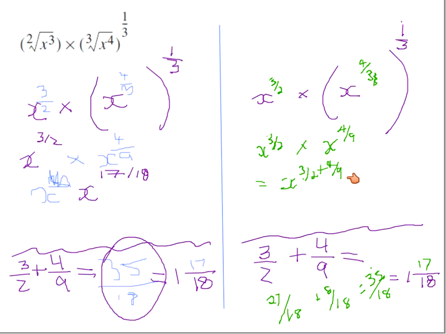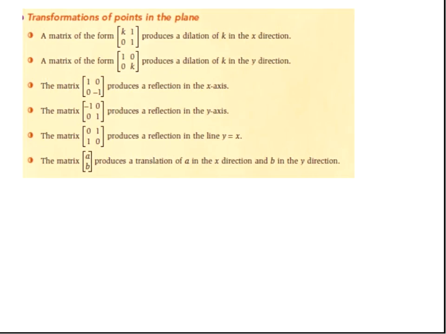Now we're coming to matrices. Okay. Don't know how well you went with matrices. I've just got to talk through it a little bit. This is a summary of transformations with matrices. So, the matrix in this form produces dilation of k in the x direction.